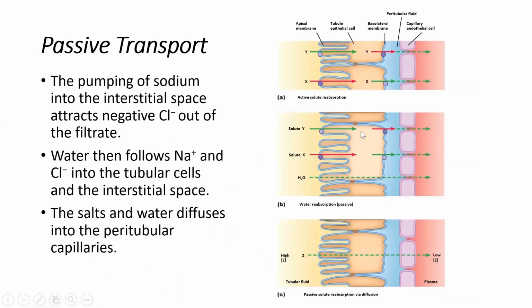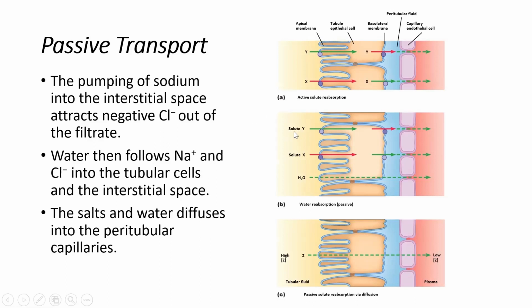Now, because we're pumping solute Y, and because we have some energy liberated here from the passive movement of solute Y across the apical surface, we can now use that energy to bring another molecule across the surface as well. Anyone remember what mechanism of transport that's called?